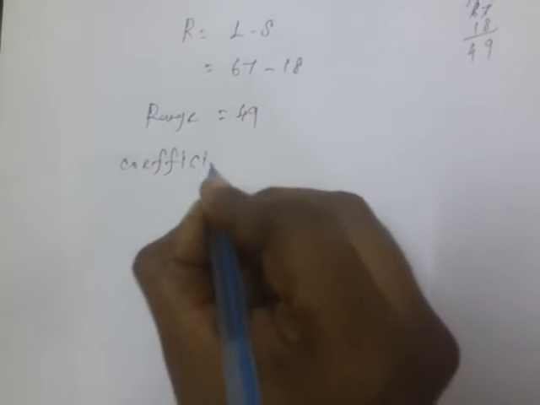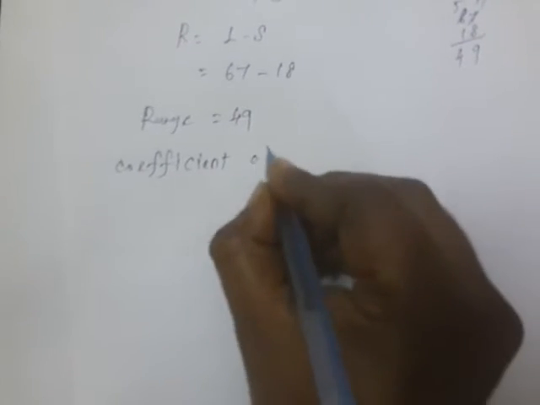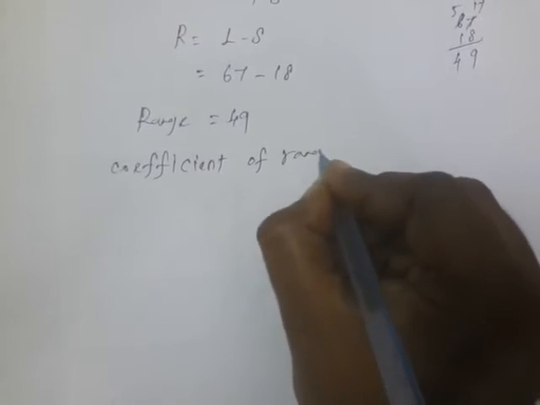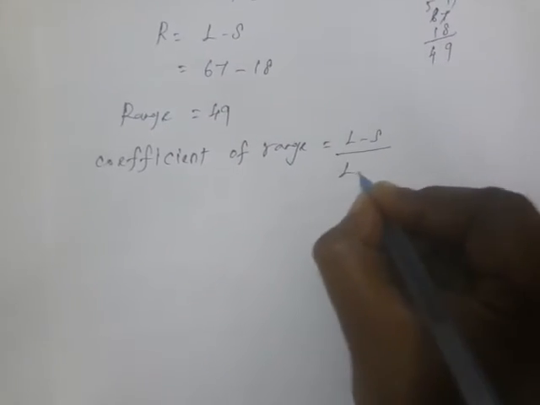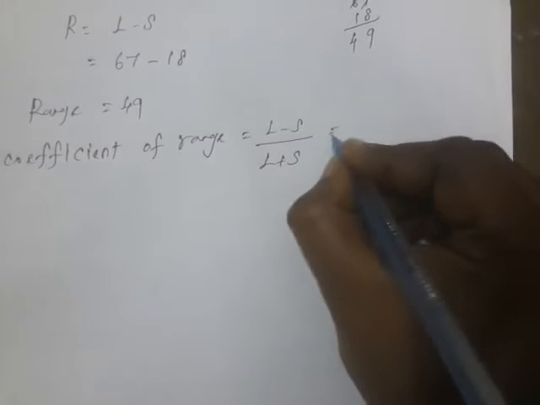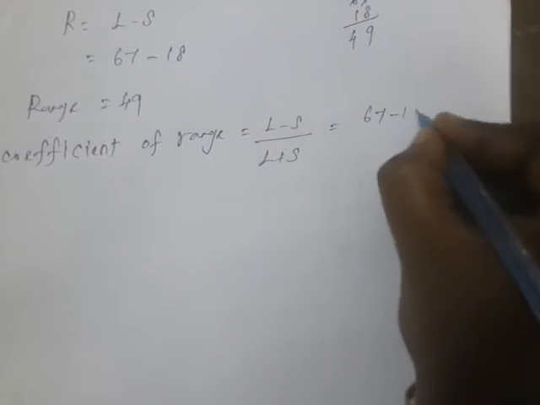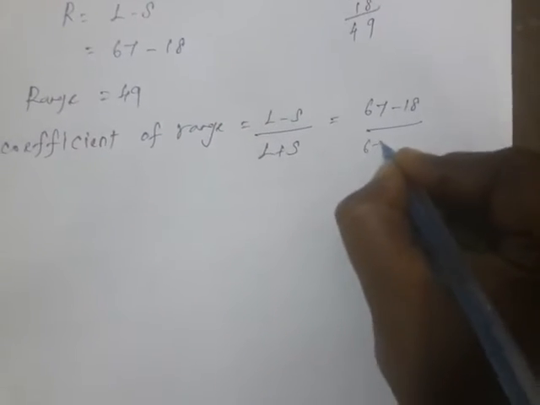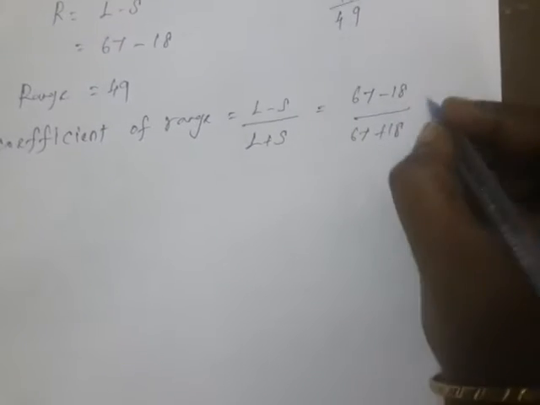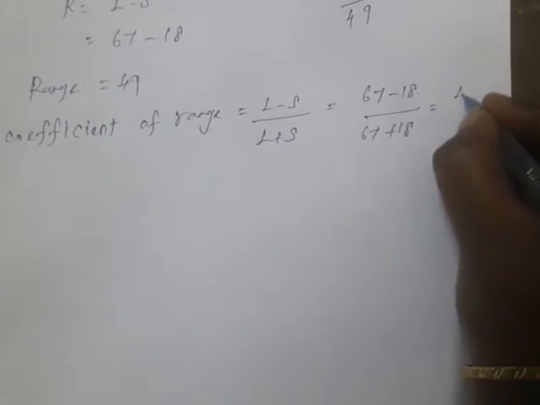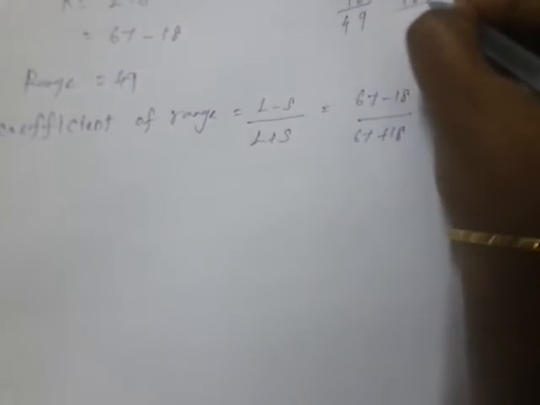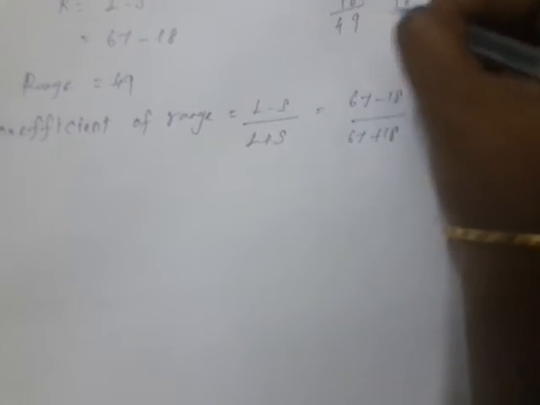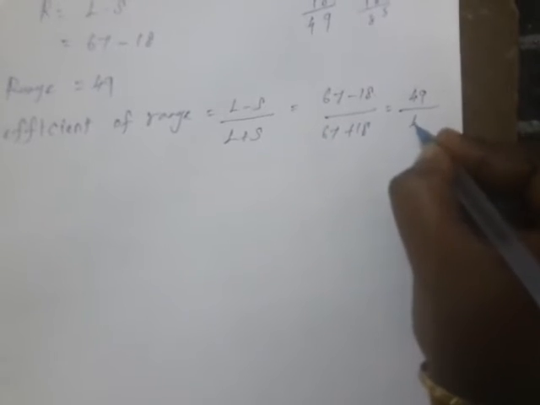Okay. Next, the coefficient of range. Coefficient of range is equal to L minus S by L plus S. The L minus S value is 67 minus 18, by 67 plus 18. Just now we found 67 minus 18 is 49, by, you have to add these values, 85. So 49 by 85.